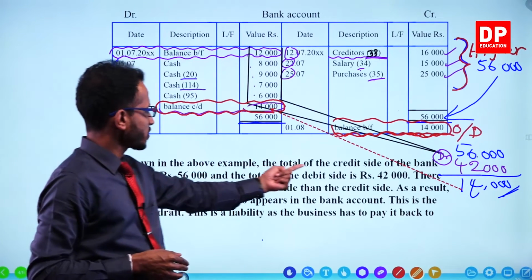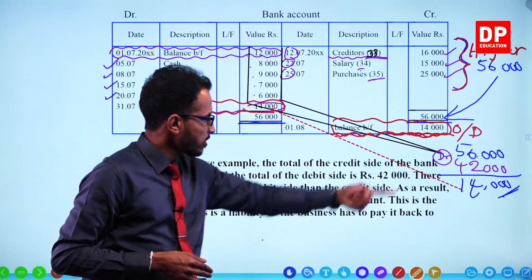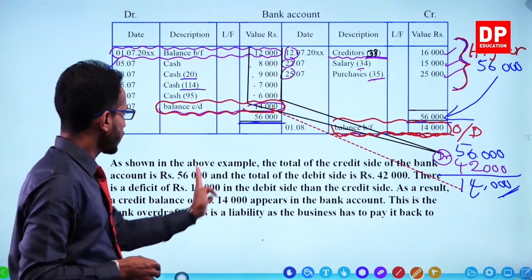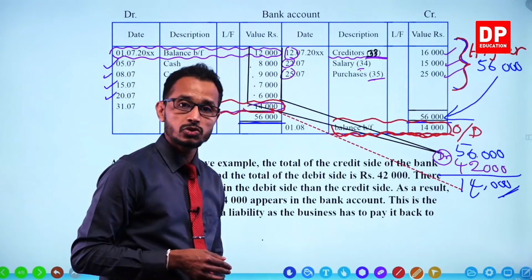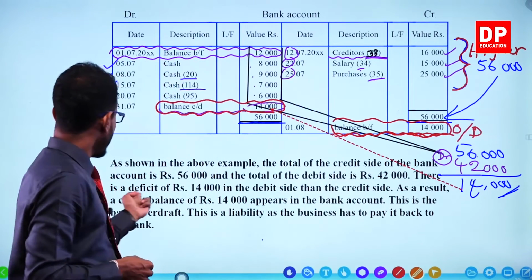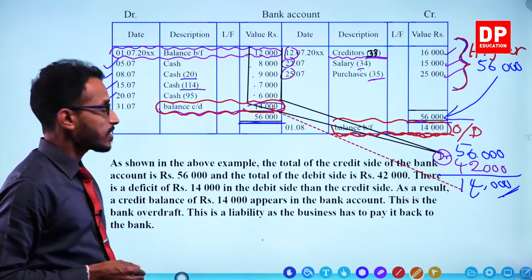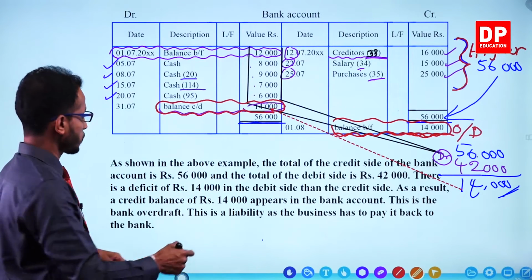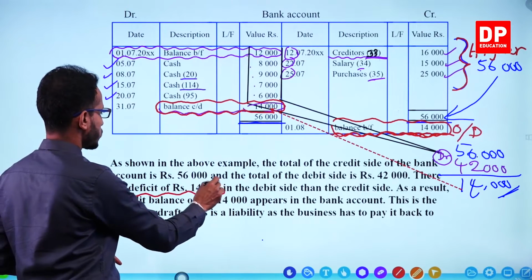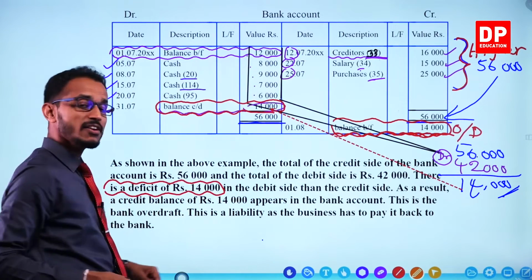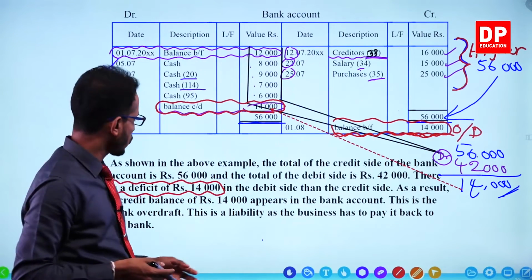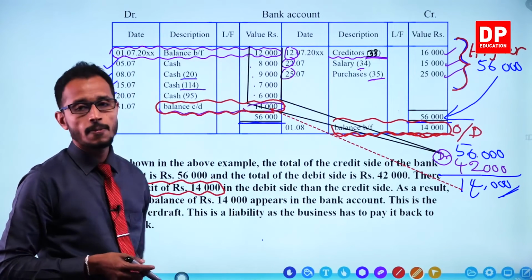As shown in the above example, the total of the credit side is 56 and the total of the debit side is 42. There is a deficit of 14,000. That is what I call a shortage. A deficit or a shortage of 14,000 in the debit side.